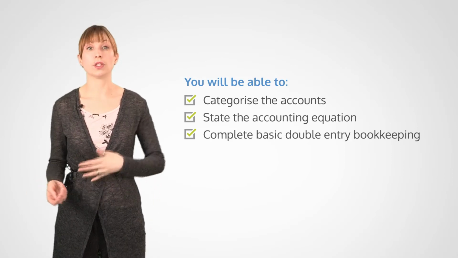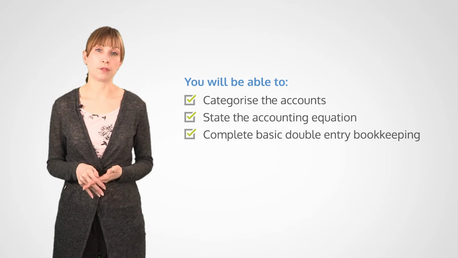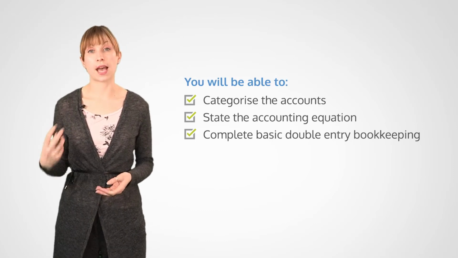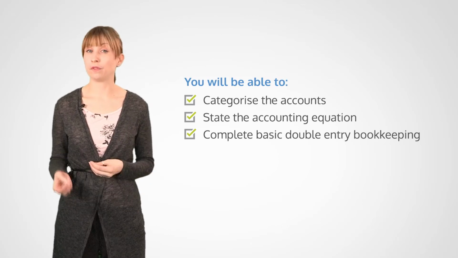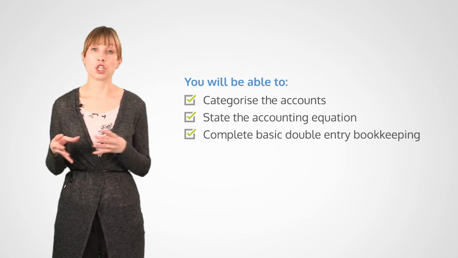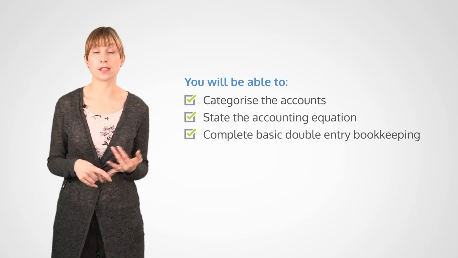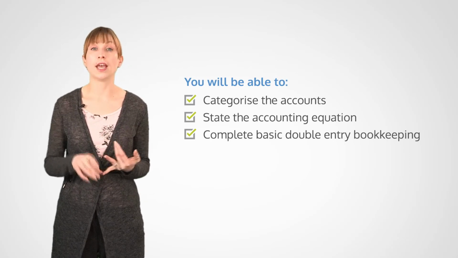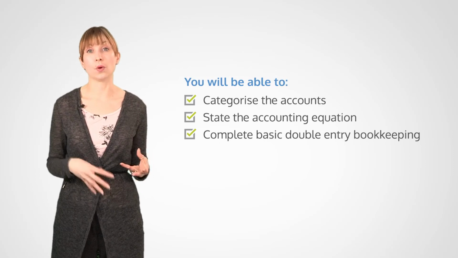Is it capital? Is it revenue? Is it an expense? We've also looked at the accounting equation, and that is assets minus liabilities equals capital. And then we've covered very, very basic double entry bookkeeping. And to complete the double entry bookkeeping, we need to know what type of account it is. So it's the categorisation. And then we need to use something like PEARLs to work out, am I debiting or am I crediting?